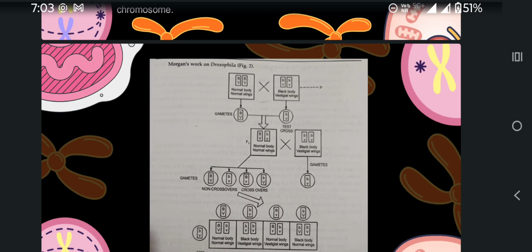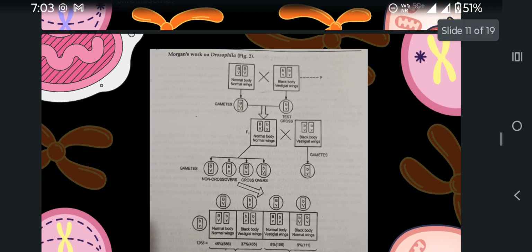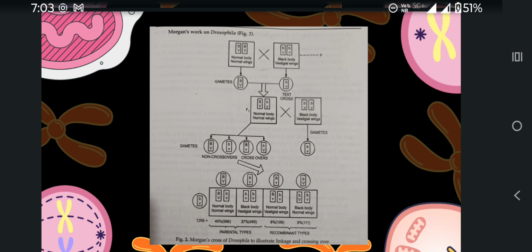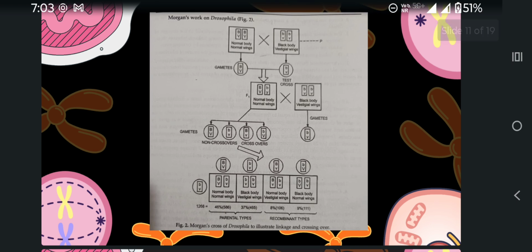When it is test crossed with the black body and vestigial wings, we are getting the ratio, with the parental types as well as the new recombinations. New recombinations are found to be 8% or 9%, and parental types are found to be 46% and 37%.